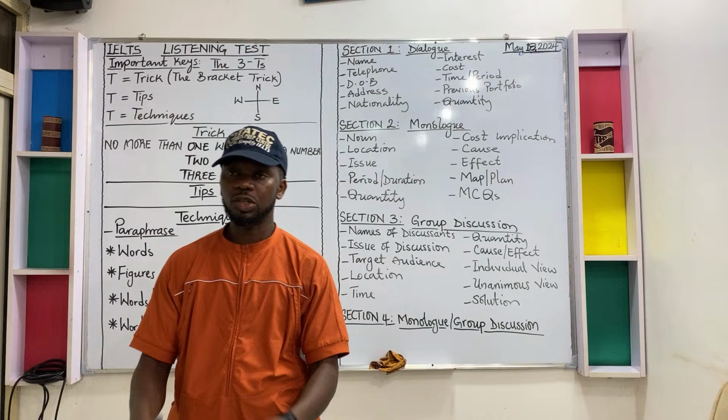Now let's look at section 4. For section 4, you are expected to reserve enough energy, because most test takers get bored and tired out once they go through sections 1, 2, and 3. Whereas section 4 gives you the questions back to back.